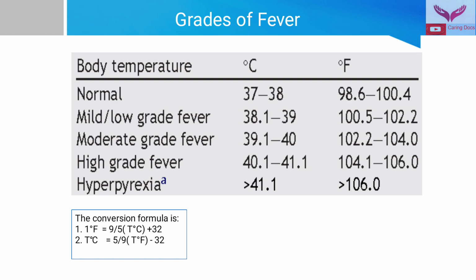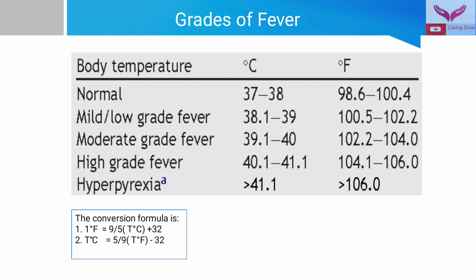And depending upon the degree, we can categorize them as mild or low grade, moderate grade, or hyperpyrexia. As we know, normal body temperature is 98.6 degrees Fahrenheit to 100.4.